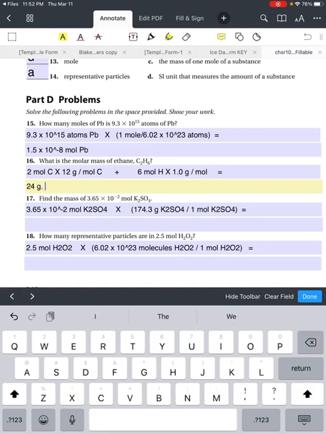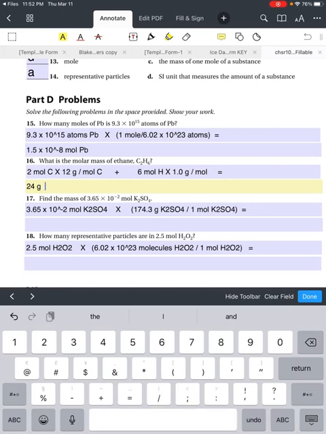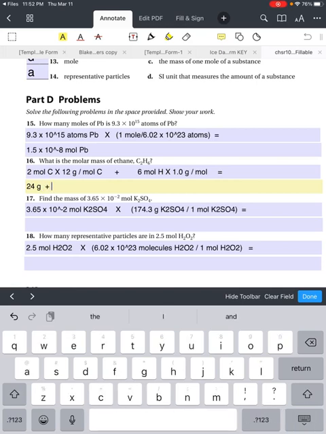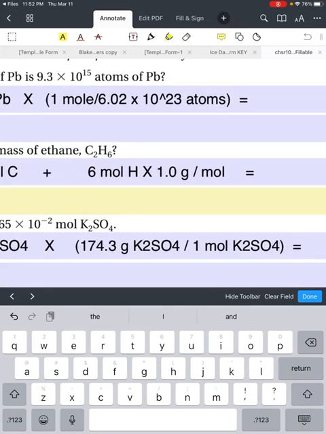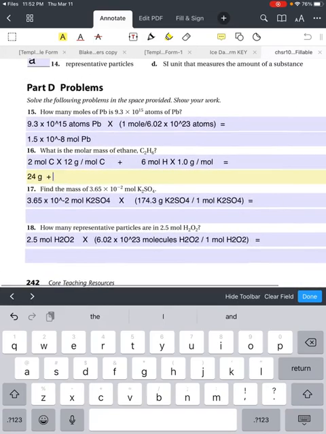And I would add that, 24 grams of carbon, to my value over here, where I have 6 moles of hydrogen times 1 gram per mole. If you look in the periodic table, carbon was 12.0108 grams per mole, and hydrogen is 1.00795 grams per mole, but I think the two significant figures is fine.